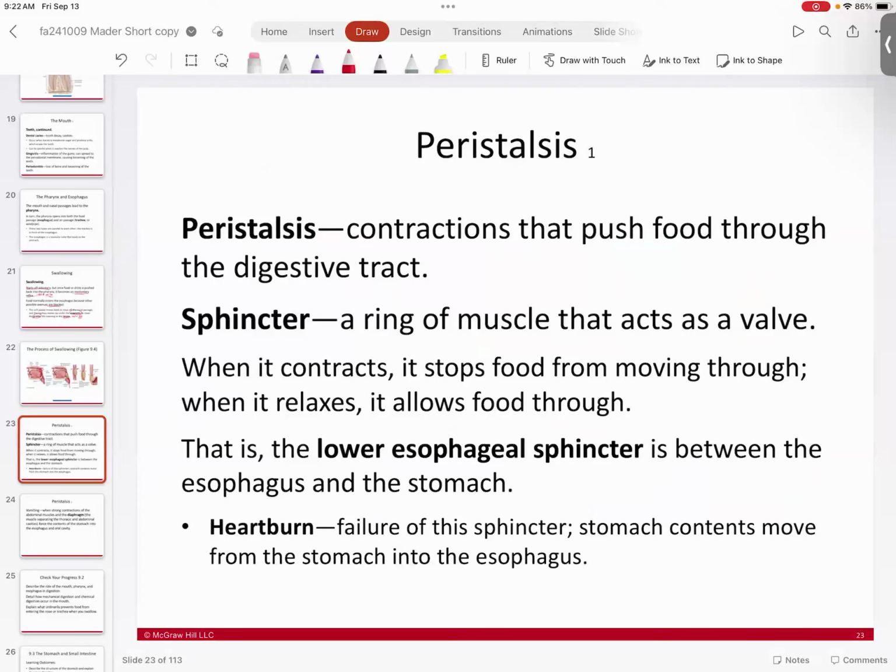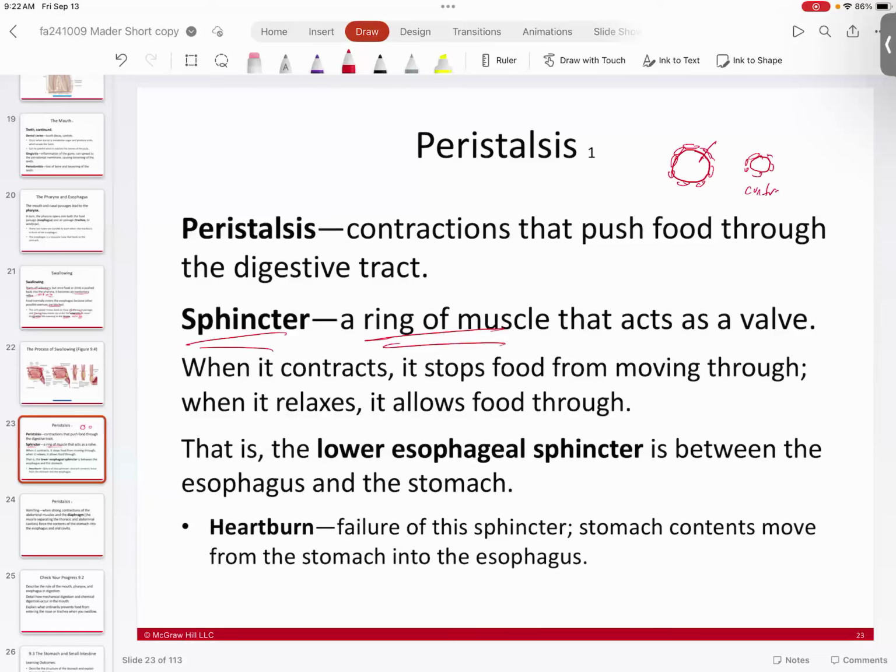The other thing we learn in terms of musculature is what's called a sphincter. A sphincter is a ring of muscle that acts as a valve. So literally what happens is you have an opening that is a tube and you have a ring of muscle around it. That's a sphincter. When the muscles contract, it basically closes off that diameter or shuts it down.